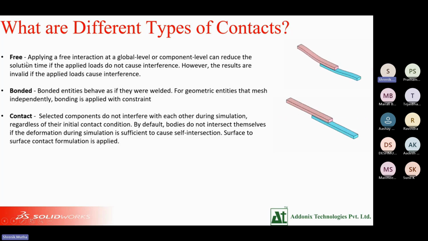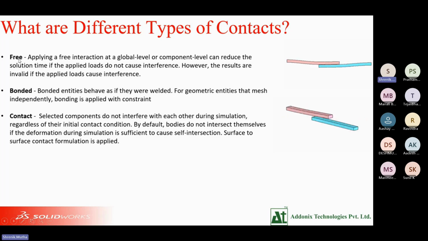Free interaction is nothing but, let's say these two plates are given interaction as free. So one plate can easily penetrate the other, and the results we get will not be as accurate. So we always go for bonded or contact interaction.